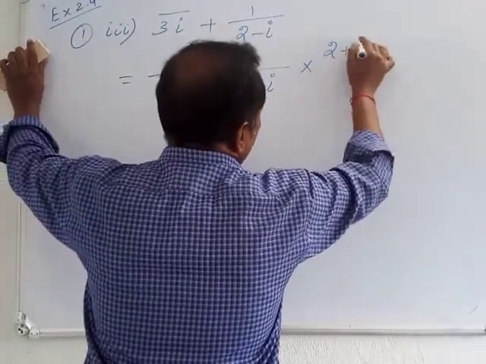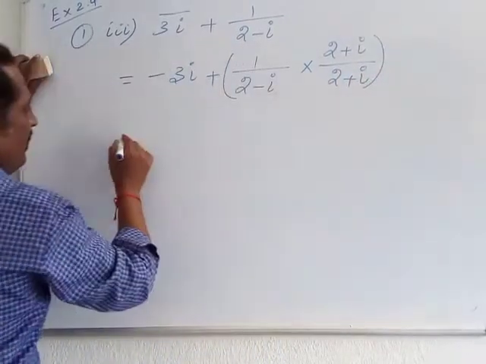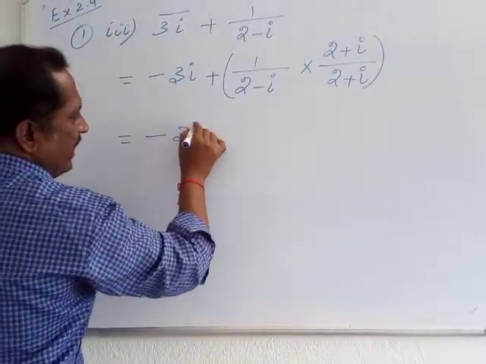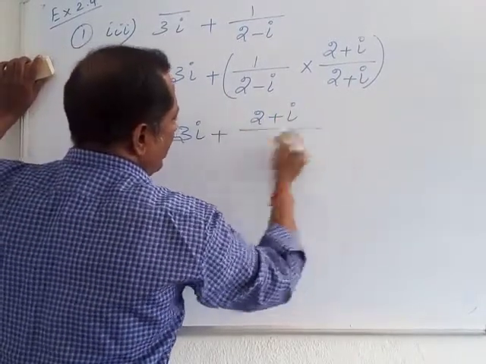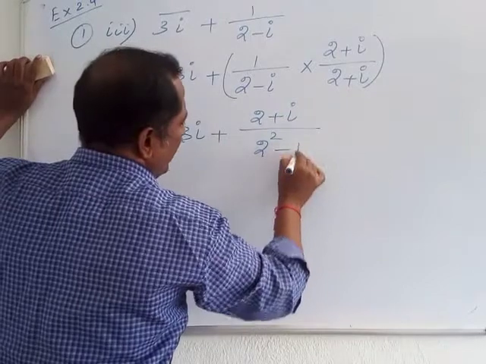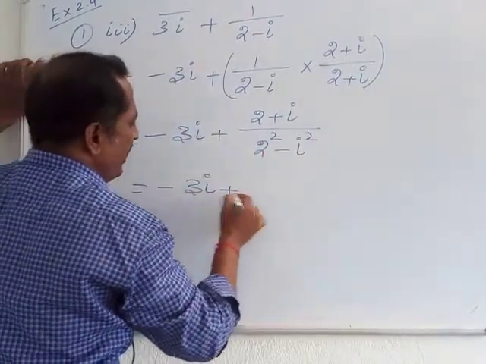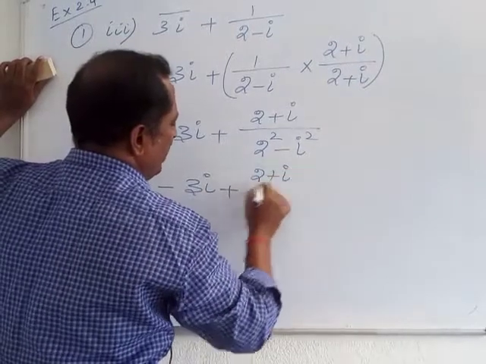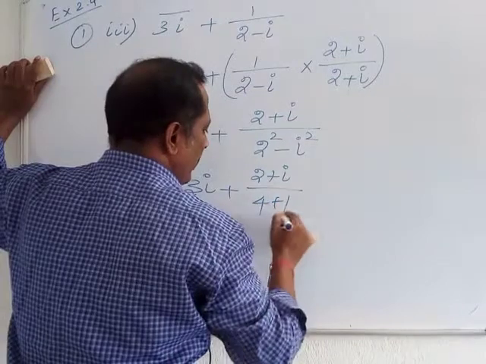So we have to multiply numerator and denominator by 2 plus i, which gives minus 3i plus the numerator 2 plus i, denominator 2 squared minus i squared. So minus 3i plus (2 plus i) divided by 2 squared is 4 plus 1, 5.